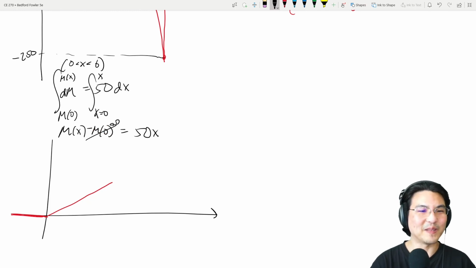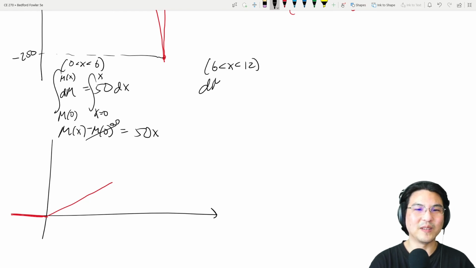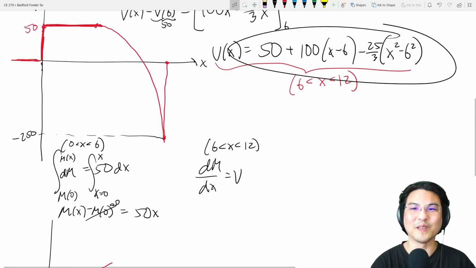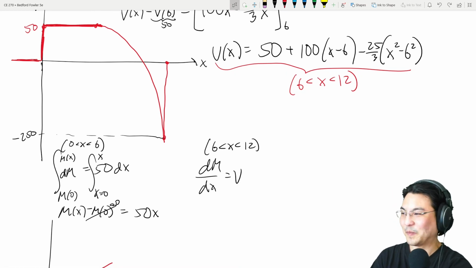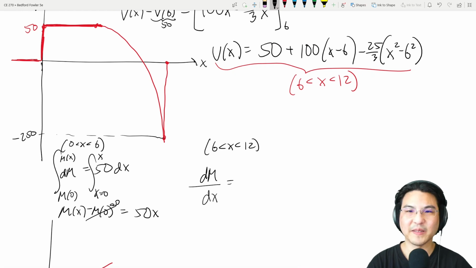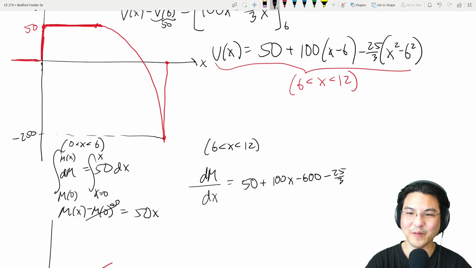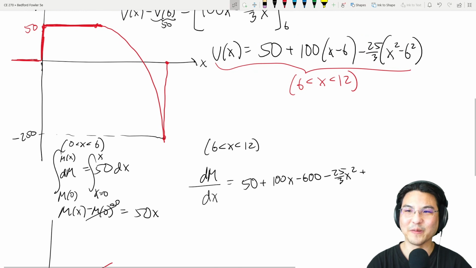All right, then what happens between 6 and 12? dM/dx equals V, but now V is this. Okay, so maybe I should simplify that a little bit. So, let's see, 50 plus 100x minus 600 minus 25/3 x squared plus 25/3 times 36.